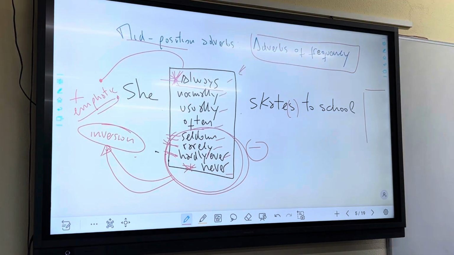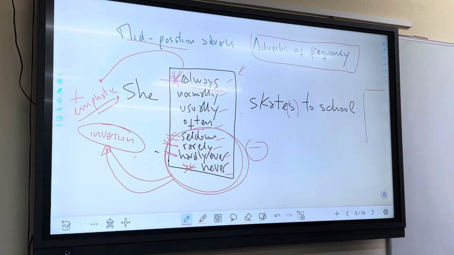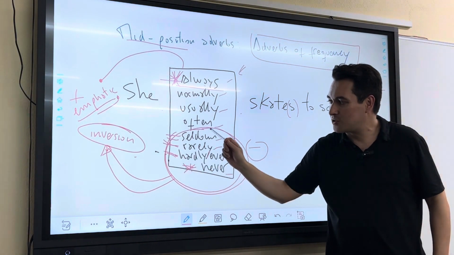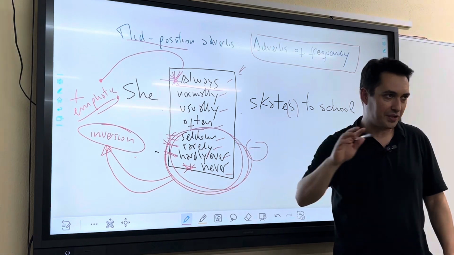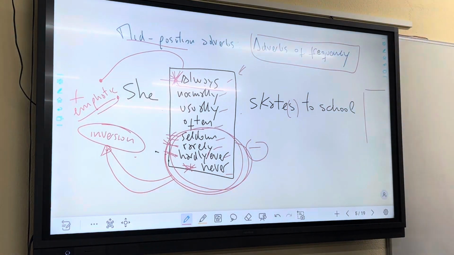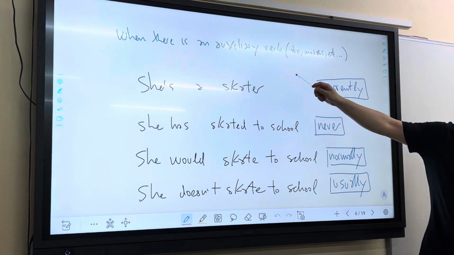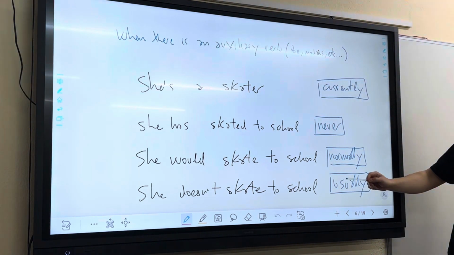Go to my YouTube channel. There's one video called Inversions. I'm just telling you that it's possible to make an inversion with this, but I'm not going to spend 1 hour now on inversions, okay? But don't worry too much, Danny. In this case, just "does," yeah?